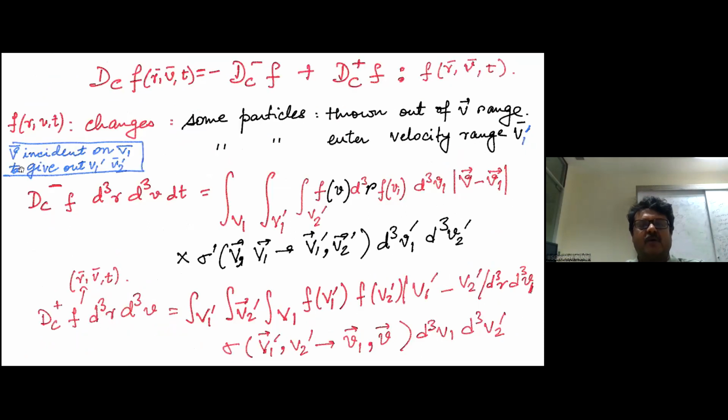So to write that down, what we have to do is dc minus this one f. So basically the number of particles moving with velocity v and v plus dv vector within a volume d3r.